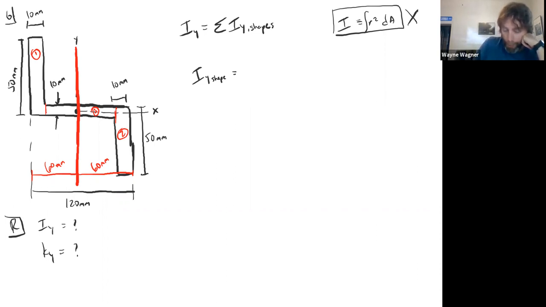And the formula for a rectangle, Iy in this case, equals 1/12 the base times the height cubed, plus A d squared. Now this d is the same thing really as that r. And this little bit gets added on here because of what they call the parallel axis theorem.